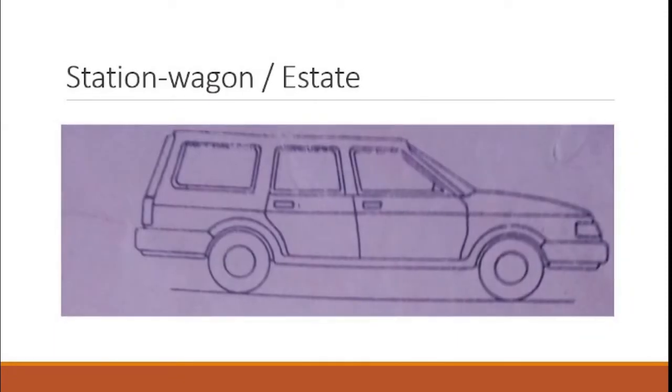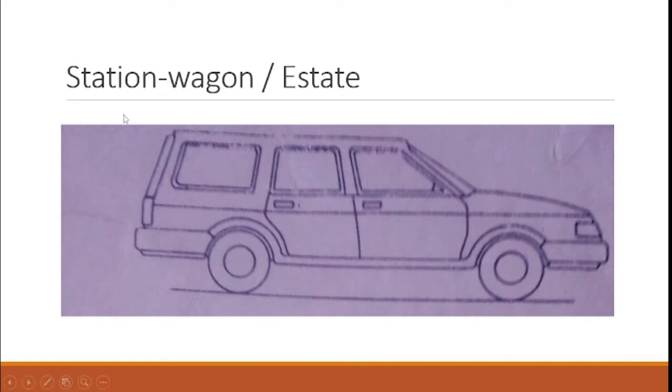and now we talk about a station wagon. So a station wagon will be called a station wagon in the USA, but an estate in Europe or in the UK. The one thing you'll note about this one is this area at the back, at the rear. You note that we have extended the boot area upward to the level of the passenger roof, right?